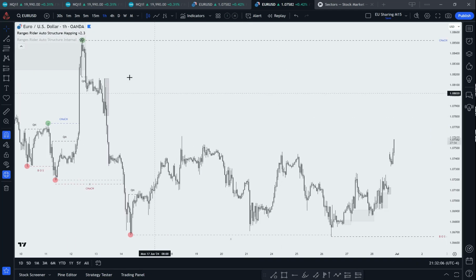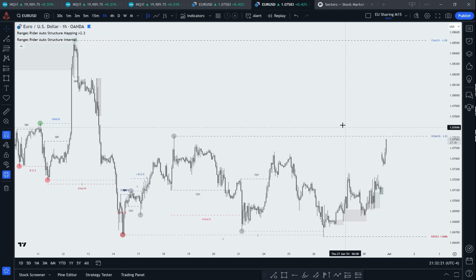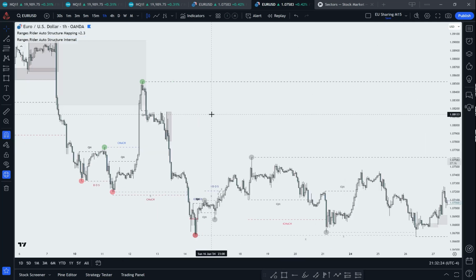Look here, the H1 time frame, if we check the internal range, look here, this was the H1 objective, and we are very close to this one. Okay, so be very much careful.